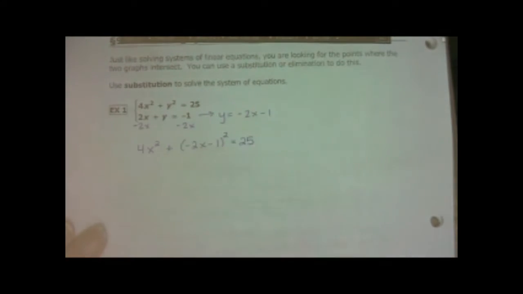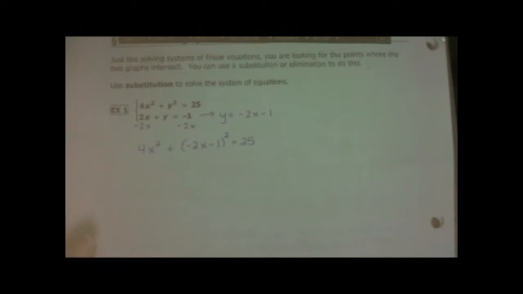And so I'm going to substitute that in the other equation. So what I'll get is 4x squared plus (-2x minus 1) in parentheses squared, I put it in place of y, equals 25.